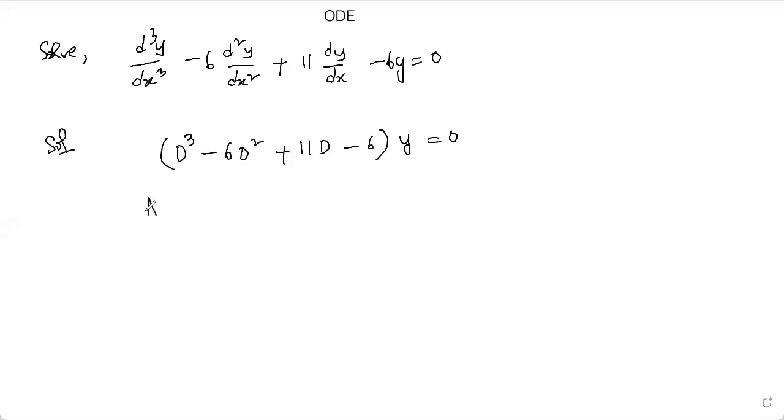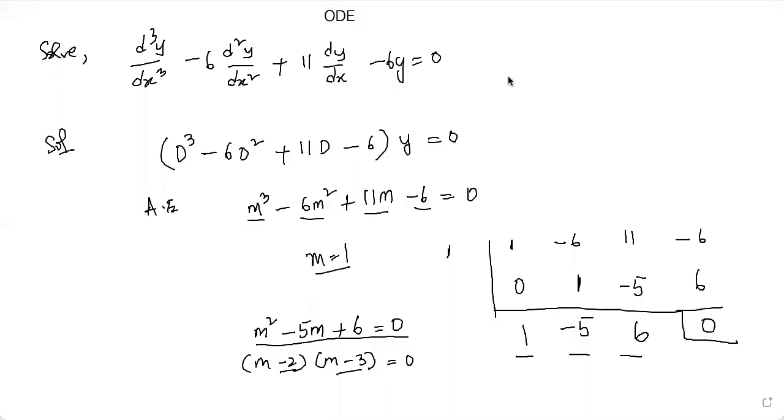Again, the auxiliary equation will be m cube minus 6m square plus 11m minus 6 is equal to 0. So that is m is equal to 1, 2 and 3. So we got (m minus 1)(m minus 2)(m minus 3) is equal to 0. So 1, 2 and 3.